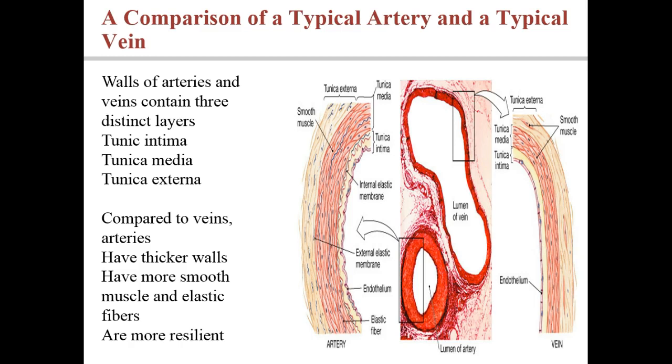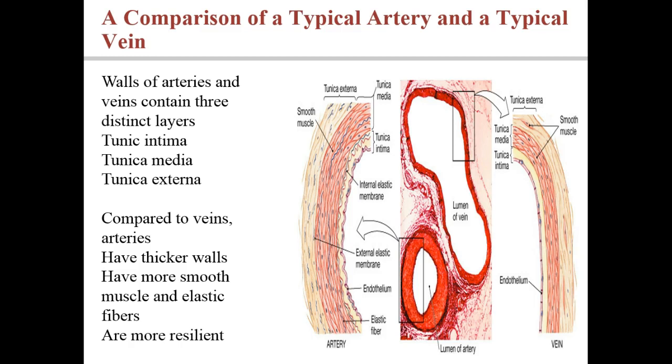It anchors the blood vessels to other tissue, so anchors the vessel to adjacent arteries or adjacent tissue. It's made up of collagen and elastin, but in veins, because we are comparing and contrasting here, in veins you have elastin fibers and smooth muscle fibers in the tunica externa.